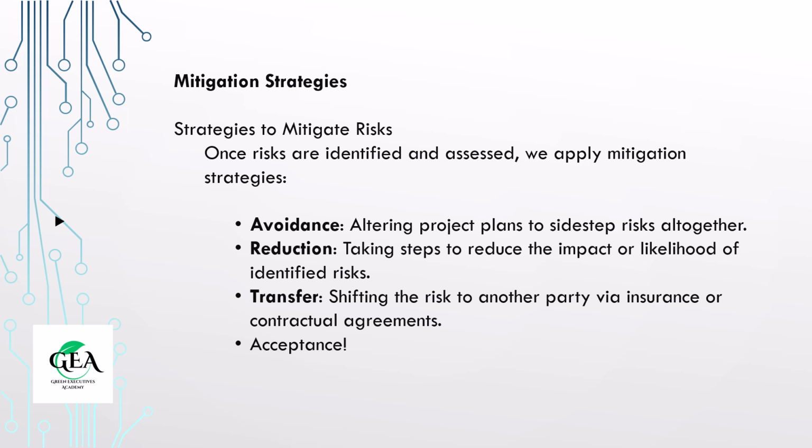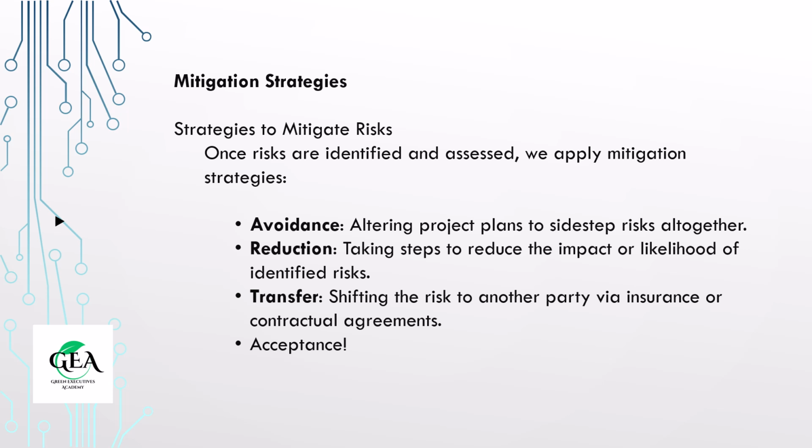Transfer is another effective approach, where risks are shifted to another party through mechanisms like insurance or contractual agreements. For instance, performance warranties from equipment suppliers can shift some operational risks away from the project developers.